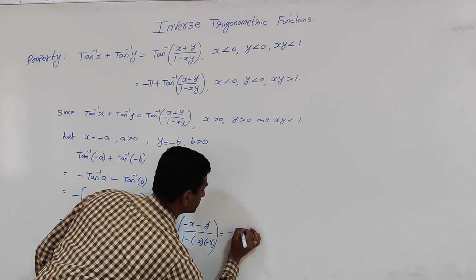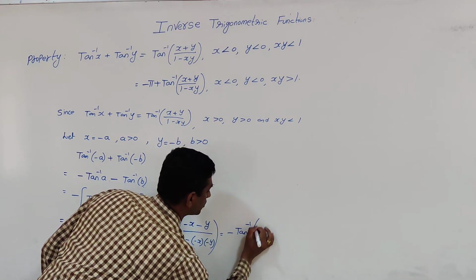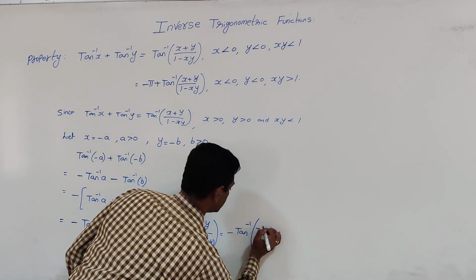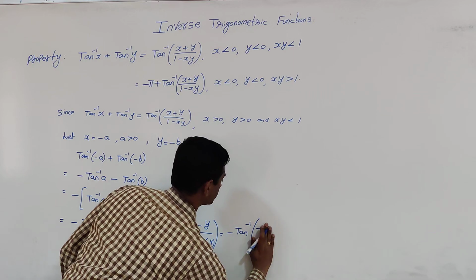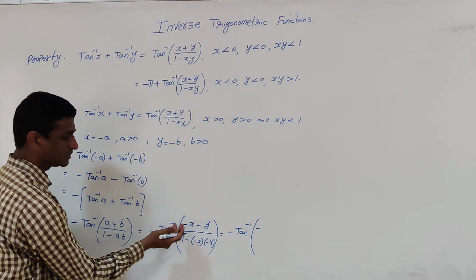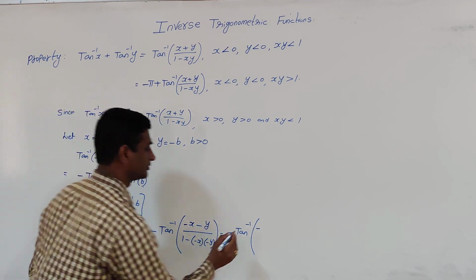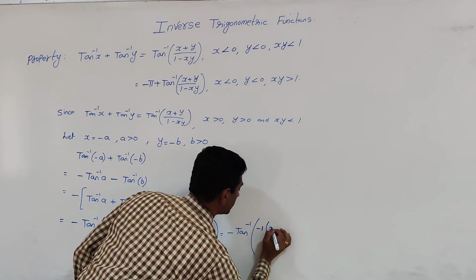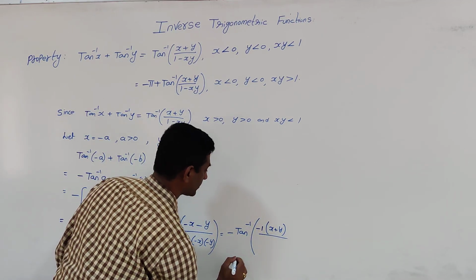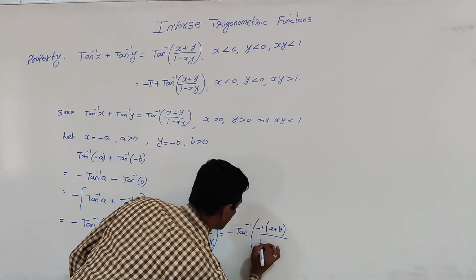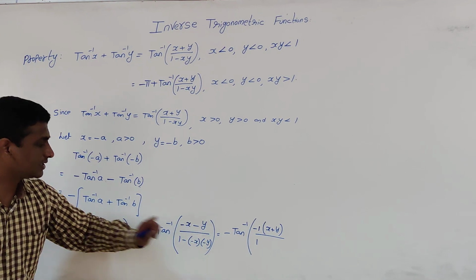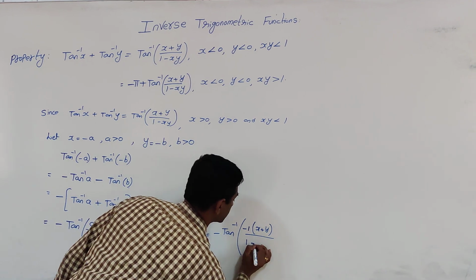So minus tan inverse of, if I take minus 1 as common, minus 1 times (x plus y) by (1 minus xy).